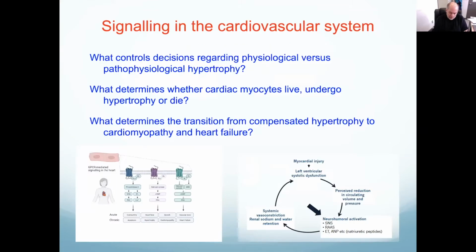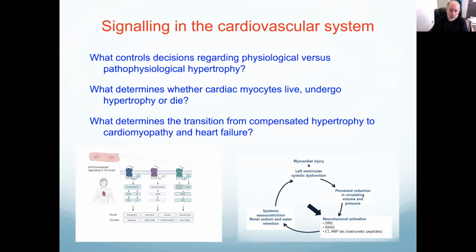And for a long time, my lab was interested in the signaling in the cardiovascular system from the perspective of a G protein coupled receptor person. We were interested in what controls decisions regarding whether or not the heart gets bigger in a physiological or a pathophysiological way, and what determines the few responses that cardiac myocytes show in response to stress: beat faster, undergo hypertrophy, or die.